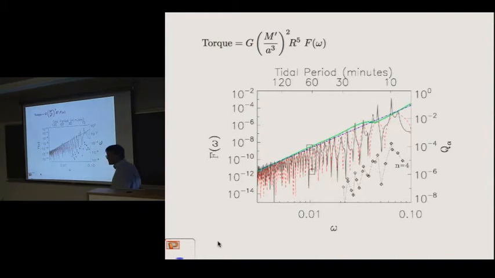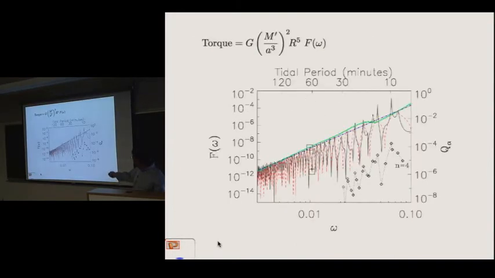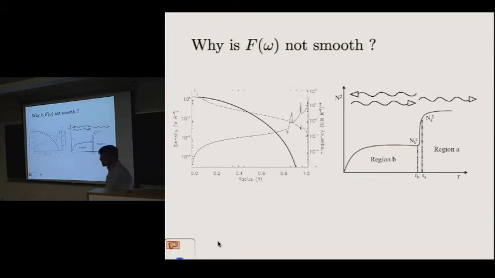This is roughly because you have these discrete surfaces in the star. So why is this oscillatory? Why do you have these rather nasty looking features? Why is it not smooth? The reason for this, we think, is that despite the fact that we assume the outgoing wave is gone, so there is no local cavity, because no wave is coming back, there are features in this propagation diagram, and you get quasi-cavities inside the star.